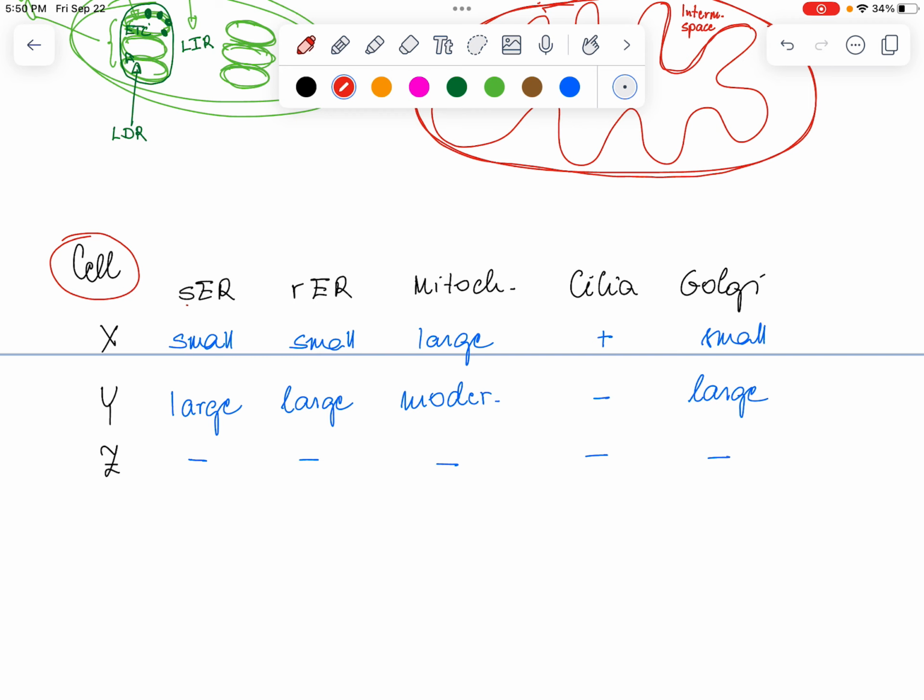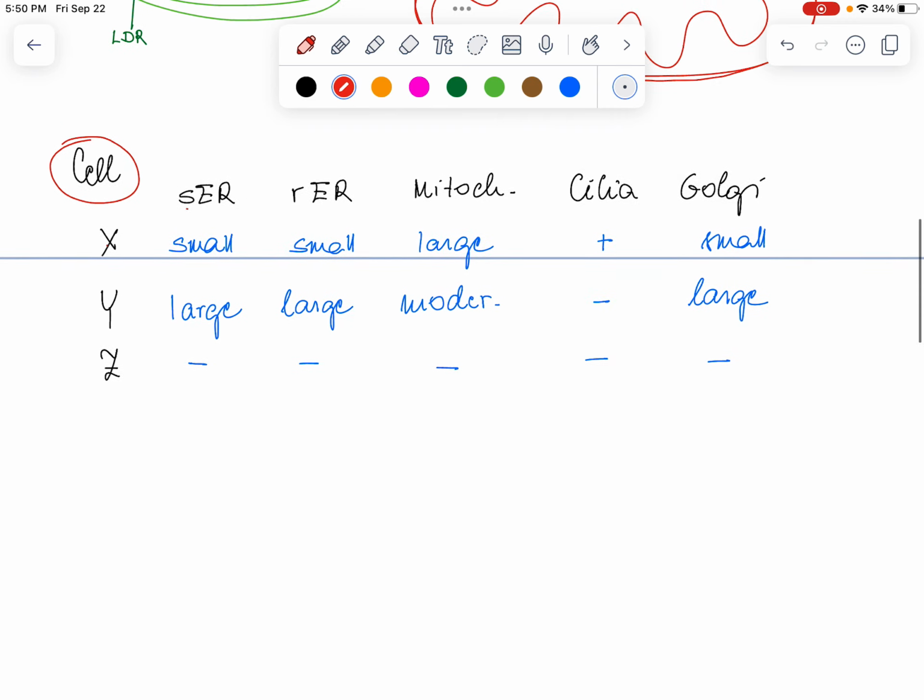Cilia is the long tail for the cell for motion. So they found that cell X has a small, large, and positive for cilia and a small amount of Golgi, as well as for Y and Z, and they want to just know what the cell does.